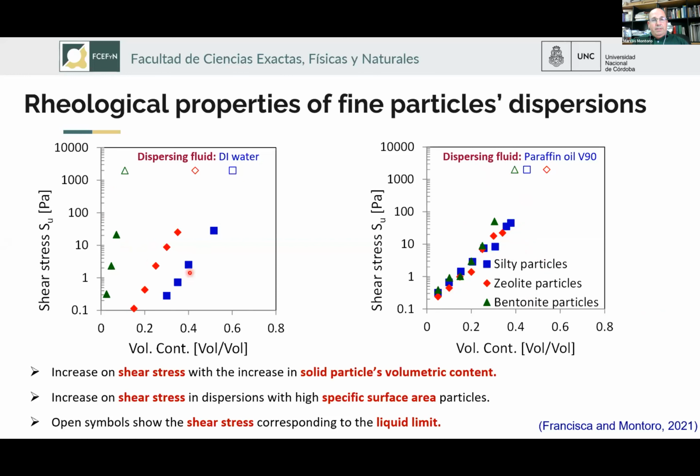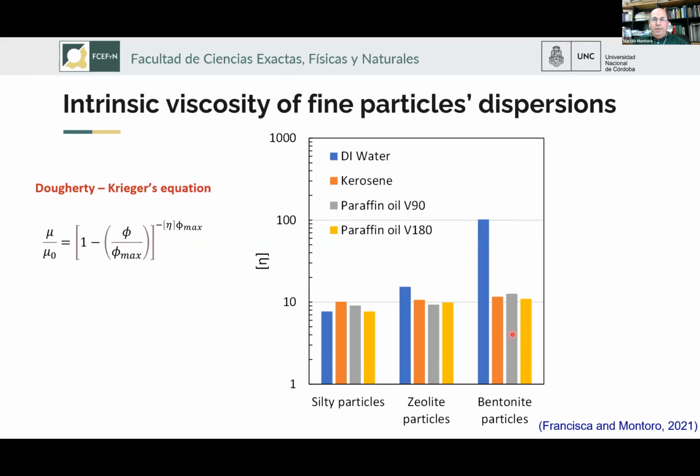The information presented in these figures can be summarized in only one parameter, which is the intrinsic viscosity of the dispersions. The intrinsic viscosity can be calculated using the Dougherty-Krieger equation, which relates the intrinsic viscosity parameter of the dispersion with the solid particle volume content, the viscosity measured for each particle content of the dispersion, and the viscosity of the suspending fluid.